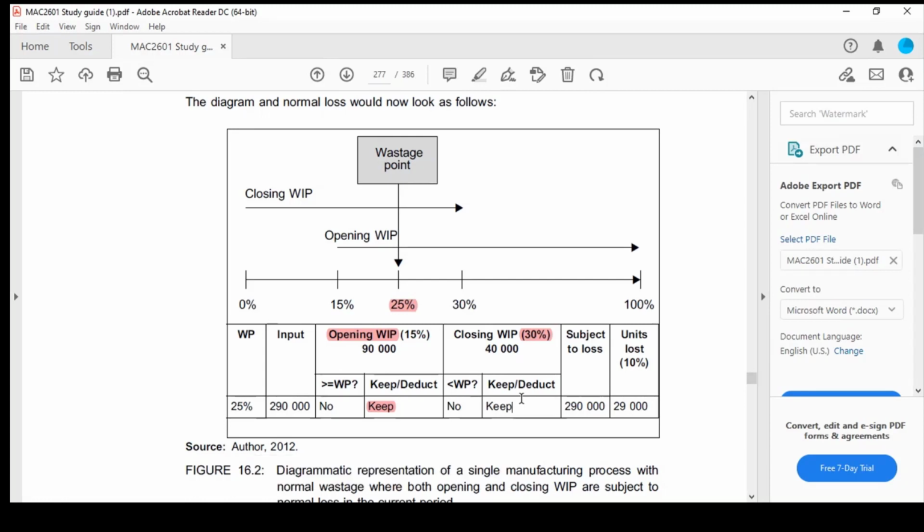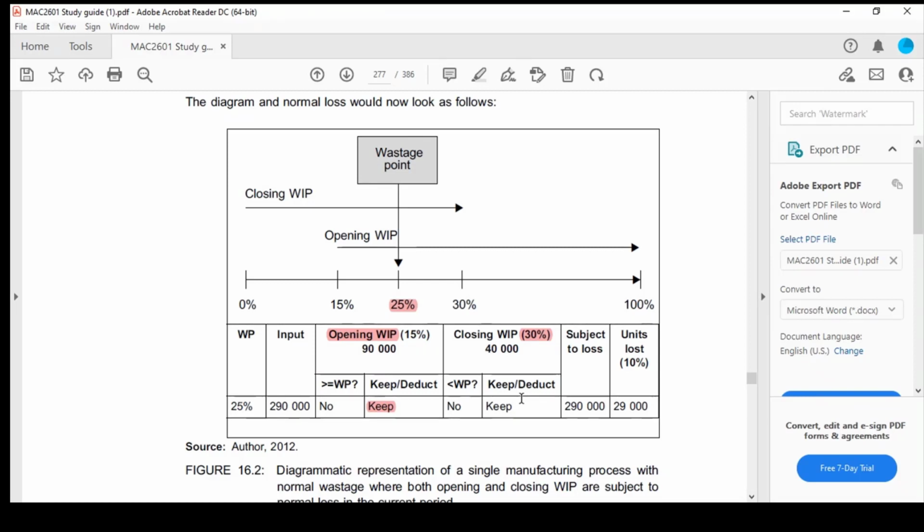You keep it. Maybe it's a completely different way of thinking about it, but I think about it in terms of a 100 kilometer race. Let's say, for instance, that Miss Magdalene represents the closing WIP.